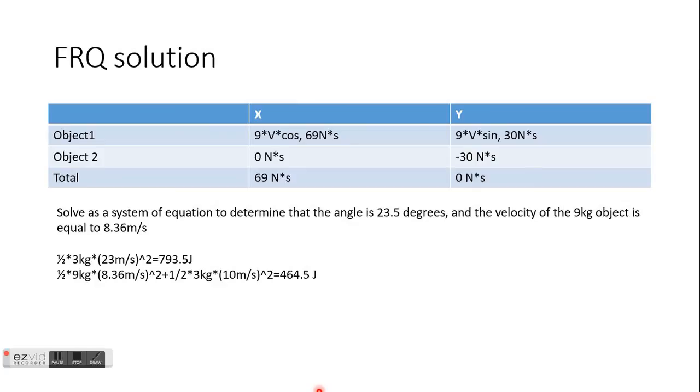After, 1/2 times 9 times 8.36 meters per second squared, plus 1/2 times 3 kilograms times 10 meters per second squared, is equal to 464.5 joules. So we can immediately rule out a perfectly elastic collision. The objects didn't stick together, so it would be a partially inelastic collision.